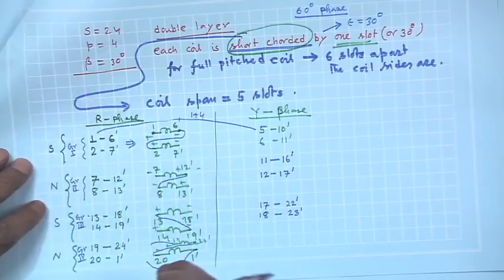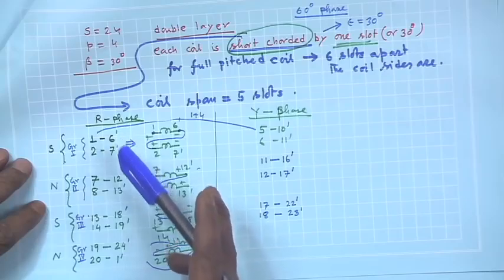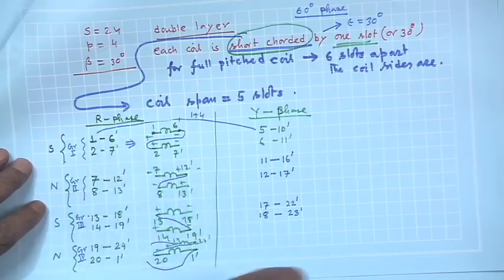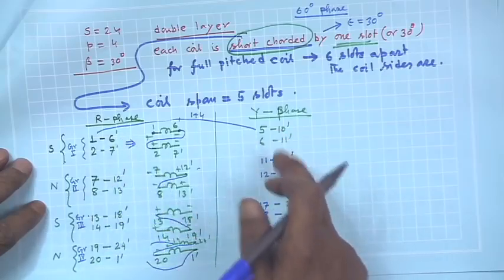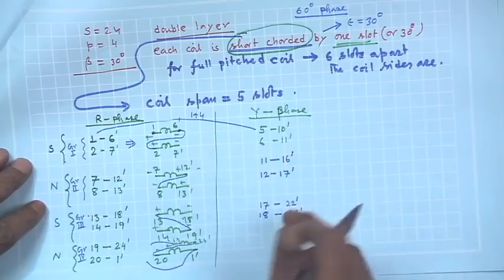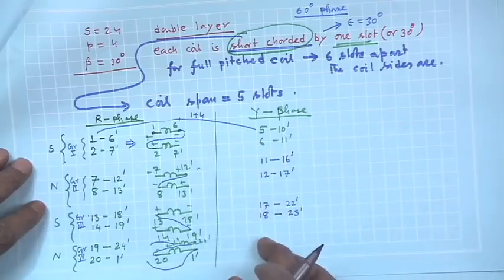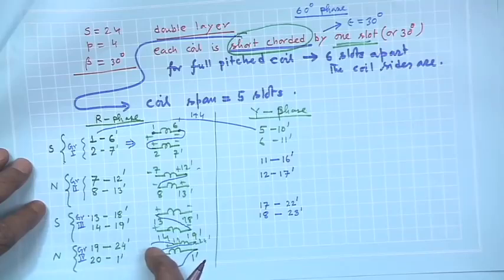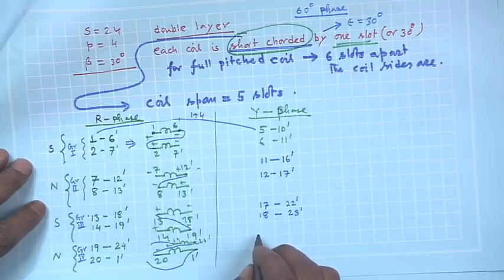So, 8 coils should be there. So, 1, 2, 3, another 2 will come, and this will be 14 here, 14 plus 4, 18, is it?